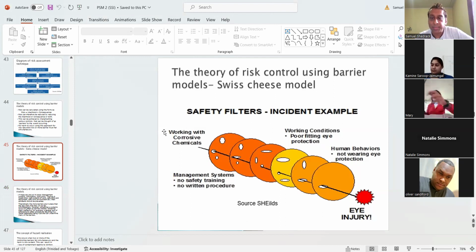The active one is the one that you see, so the eye injury is the one that you see. But the latent failures are what you don't see, what is behind the scenes, like poor working conditions, management not doing what they should be doing, and the worker wasn't trained. So anything beyond the first one, which leads to the injury, are called latent failures.